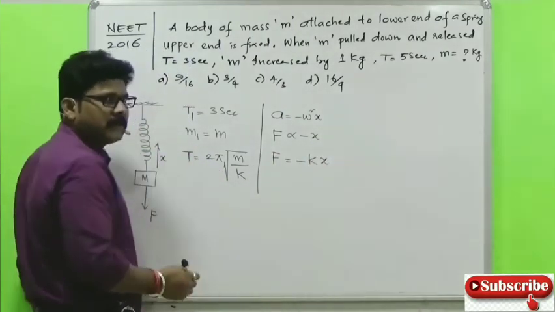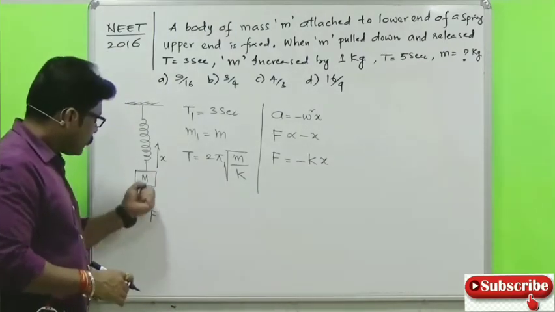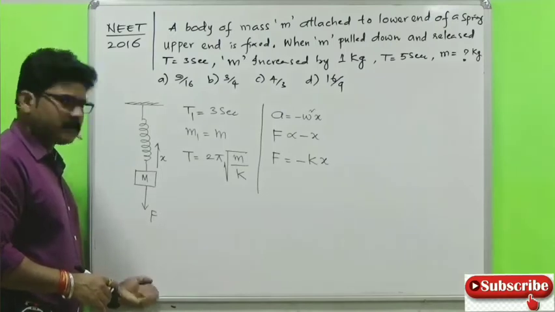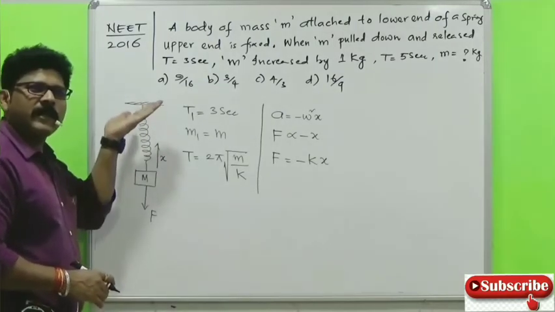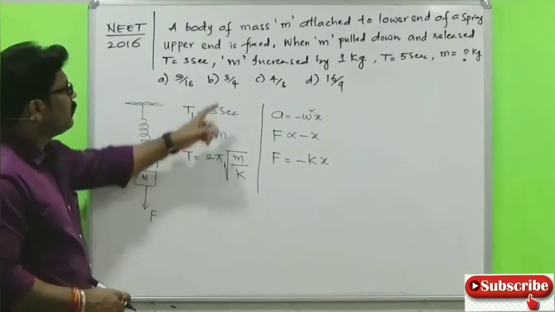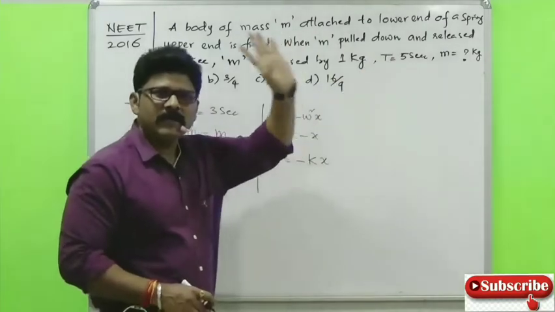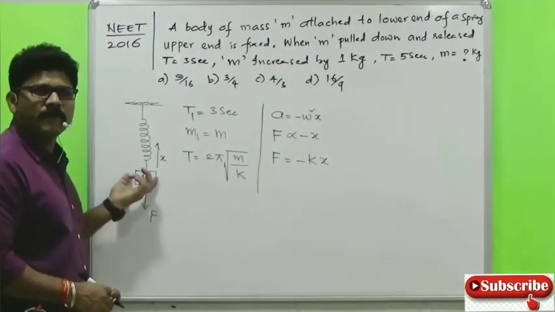So this is nothing but mass into acceleration. When you are pulling downward with force F, then when you leave it, it will go in the upward direction. It is pulled down and released. This is the equilibrium position.